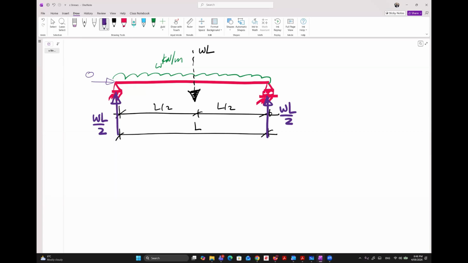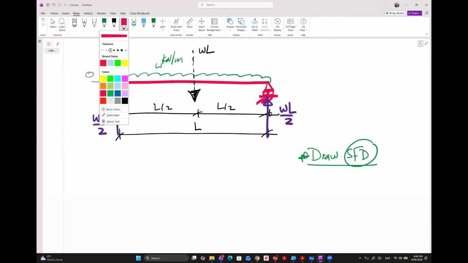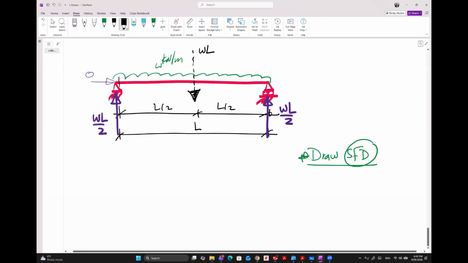So now we need to start the next step, to draw the shear force diagram. How can we draw the shear force diagram, similar to before? We will need to create some cuts. Our cut here will be at the start, this is cut number 1.